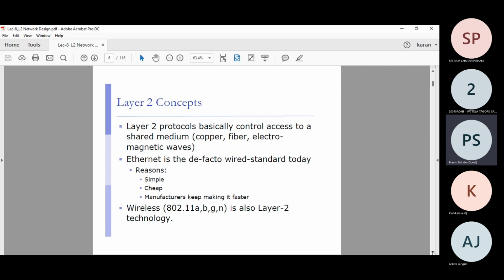Wireless is also a layer 2 technology that includes the 802.11 a/b/g/n standards. The latest is N. So the point is clear: layer 2 is Ethernet and wireless technology.